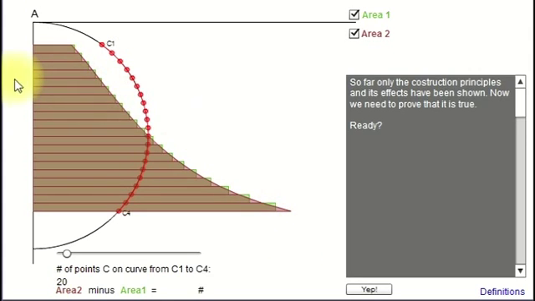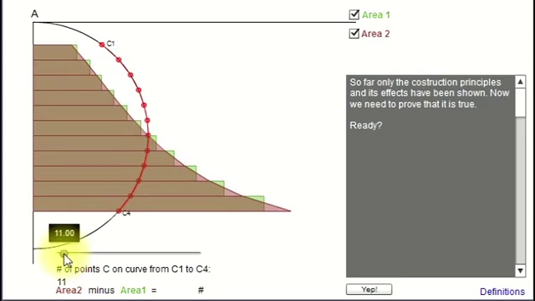For that purpose, we start looking at one of these little segments. Let me make this a little larger.